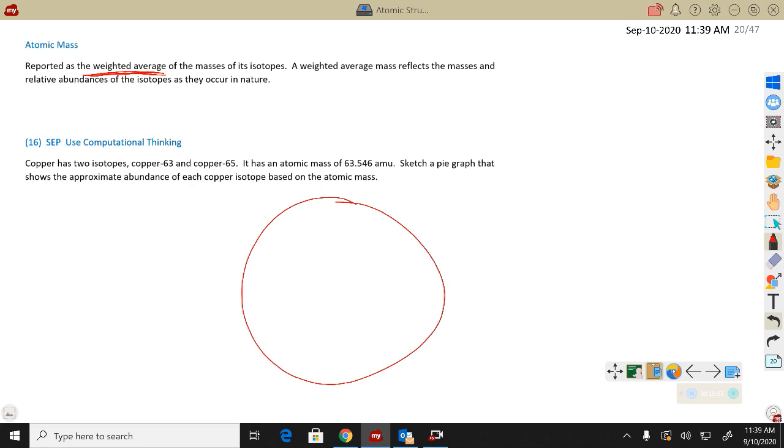Would it be fair to say that we're maybe like 25-75? Approximately 25% of all the isotopes are copper 65, and about the rest of the isotopes, maybe 75%, are copper 63.